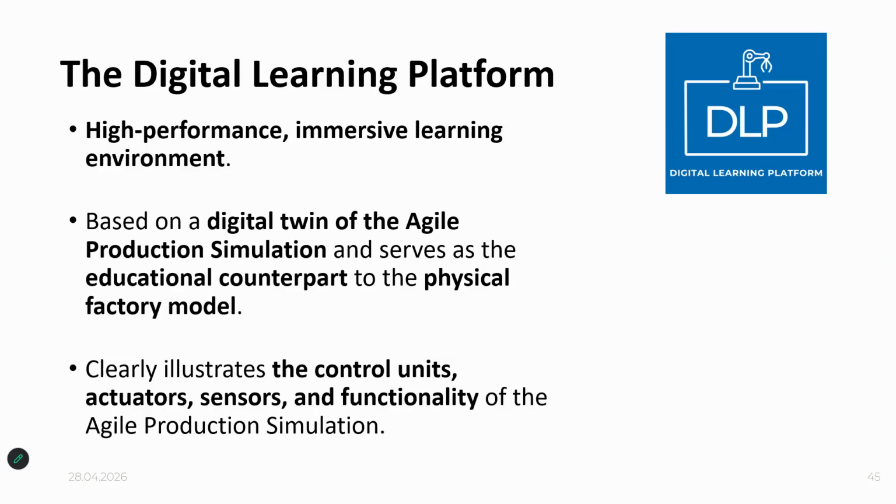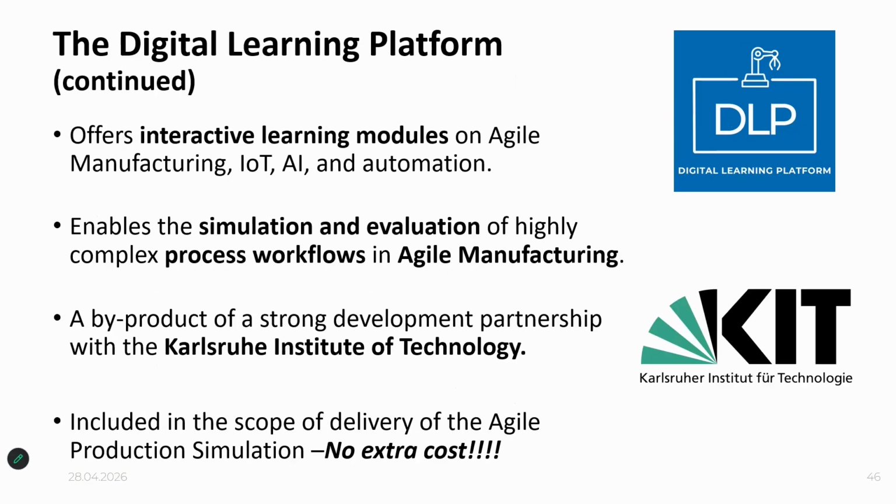Now, this serves as the educational counterpart to the physical factory model, and here the learning tool is used to clearly illustrate the control units, actuators, and sensors included on the model, and to demonstrate the full functionality of the APS. The platform offers interactive learning modules on agile manufacturing, IoT, AI, and automation. It enables the simulation and evaluation of highly complex process workflows in agile manufacturing.